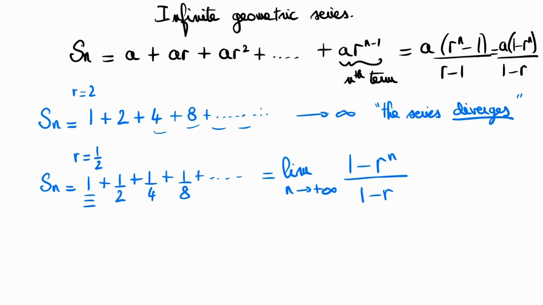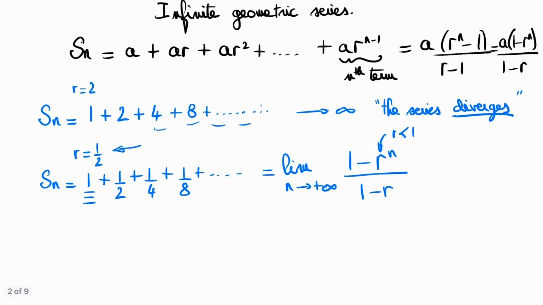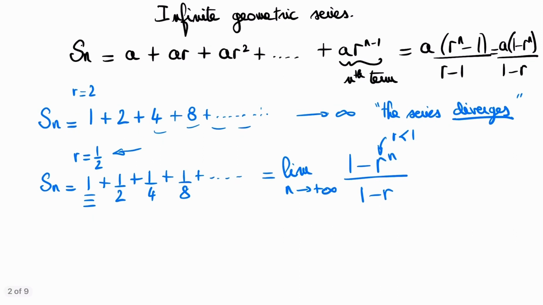Right, so what does it tend towards? Here R is a value less than 1, because in that case it's 1/2. A number less than 1 to the power of n, which tends towards plus infinity, means that this quantity is going to tend towards 0.